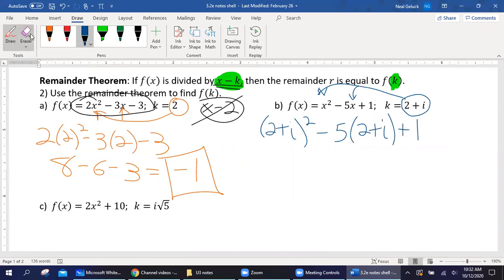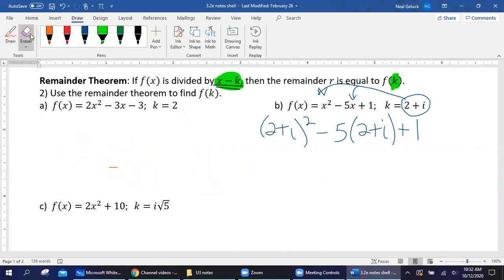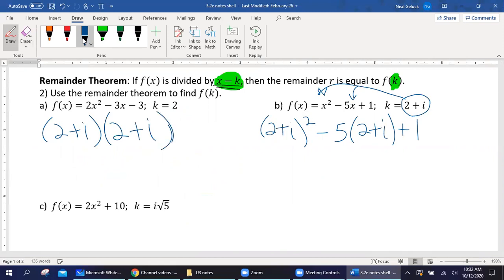So (2 plus i) squared, that's the real difficult part of this. I have to FOIL that out. So 2 times 2, 4. 2i, another 2i. Then careful, this would be plus i squared. But if you recall, i squared is negative 1, so it's actually minus 1.